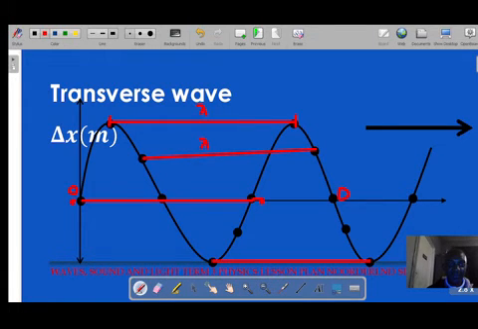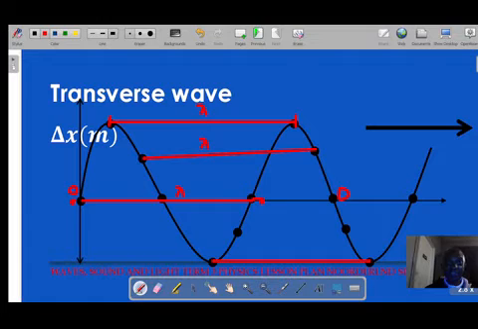Now this is one wavelength here. So the points formed by each of these three lines, each two points, like this one here and this one here, are in phase because they form one complete wavelength.